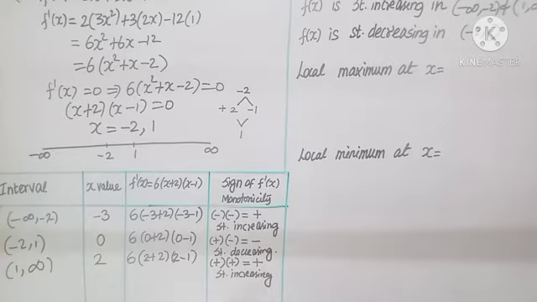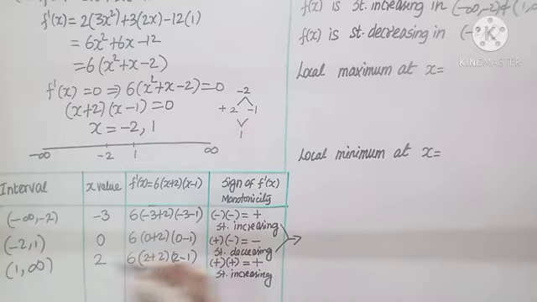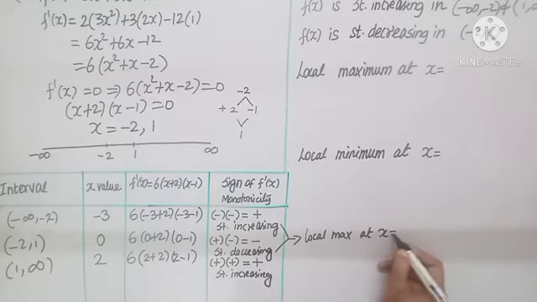The second part: we need to say where it is having the local extremum. Increasing to decreasing, which point is common? Minus 2. So these two together tell me increasing to decreasing, so that is the maximum point. Local maximum at x is equal to minus 2.